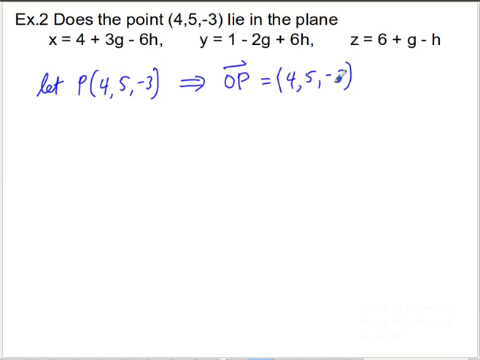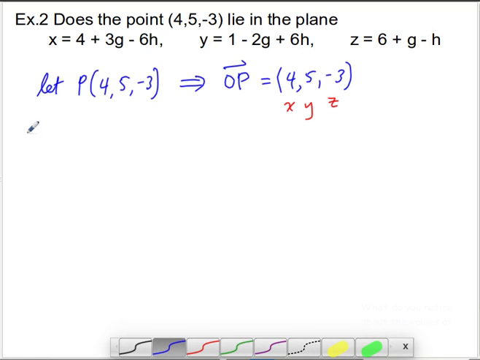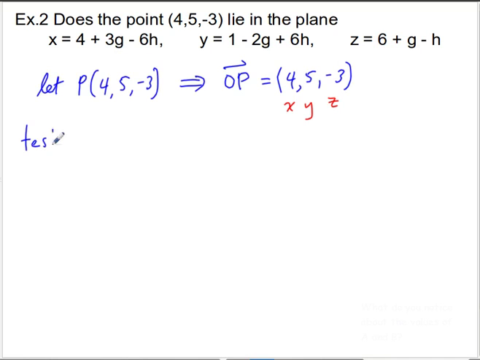Now what we're really going to do is test if these x, y, and z components of the vector go into the parametric equations. I'm going to test the vector OP in the parametric equations.